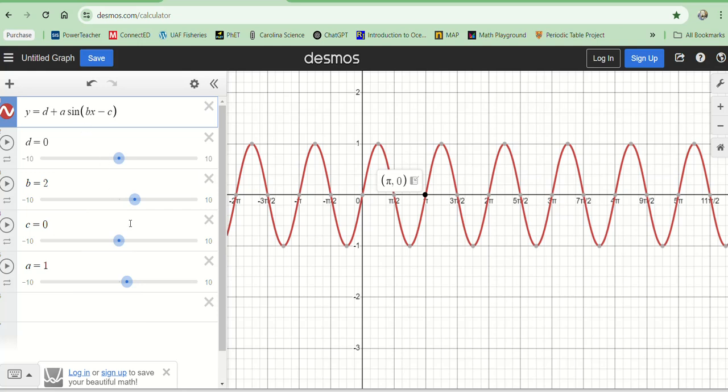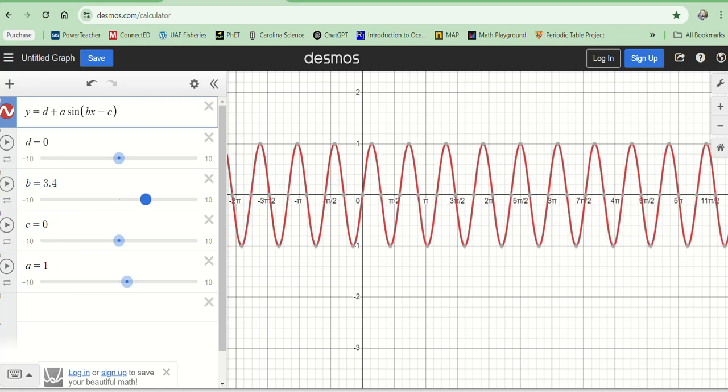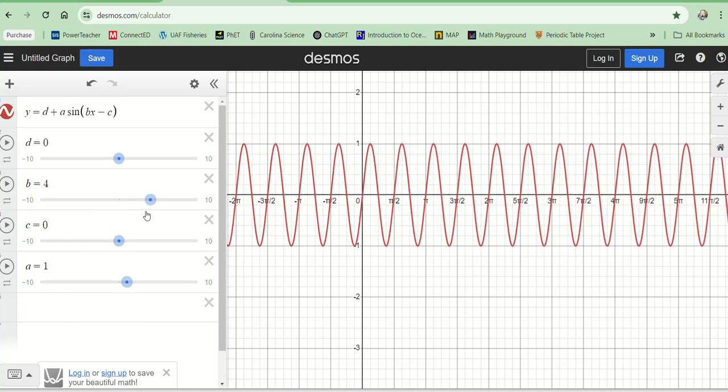What if I make it sine of 4x? Instead of cutting in half, it should get cut in what? Into fourths. So do me a favor real quick. What's 2 pi divided by 4? It's pi halves, right?